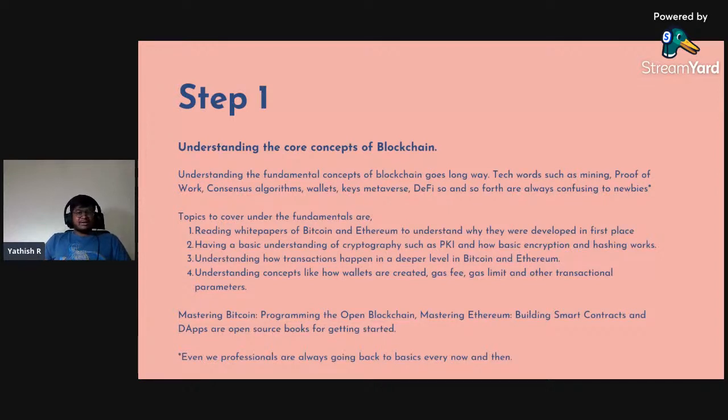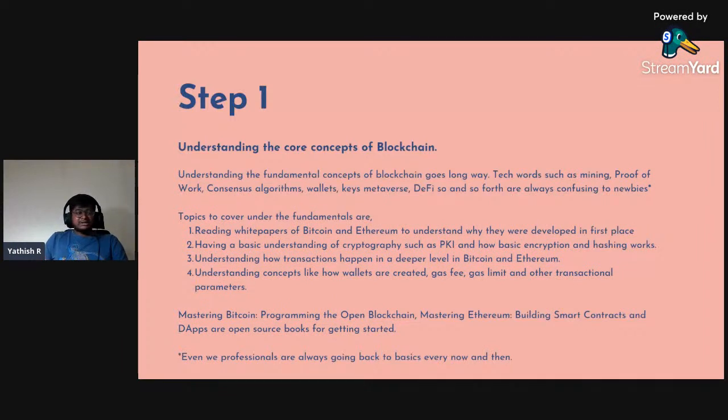The concepts are things like mining. What does mining mean? What are proof of consensus algorithms, wallets, keys, transactions, and so many other things, right? These are things you need to learn before you can move forward. We consider Bitcoin's white paper and Ethereum's white paper as the holy grail, the holy Bible, because they provide the motivation and the information on why they were created in the first place.